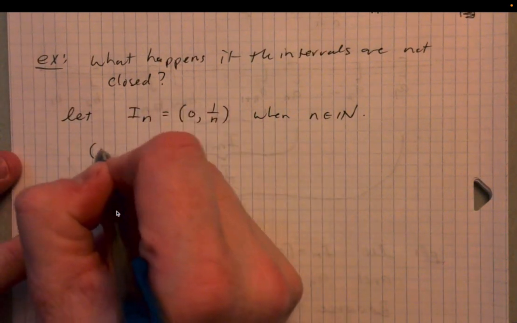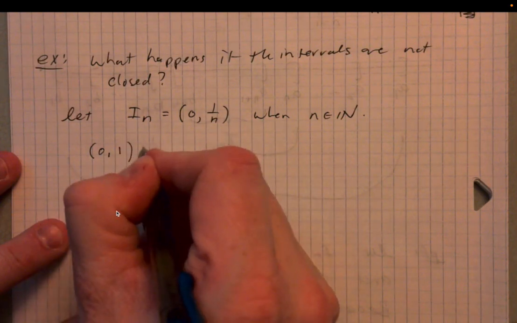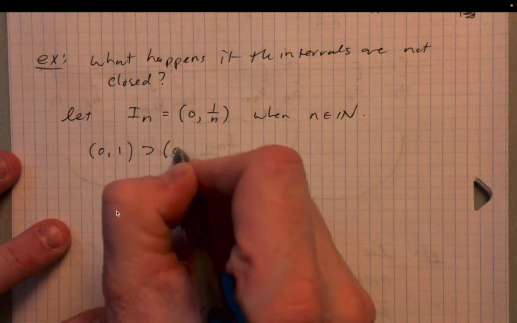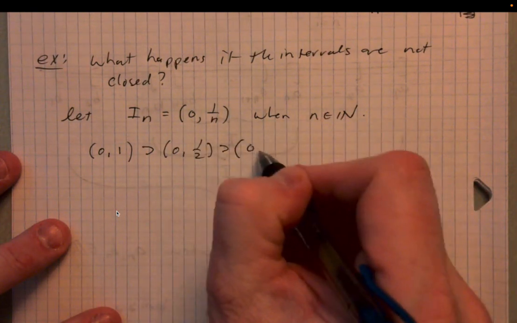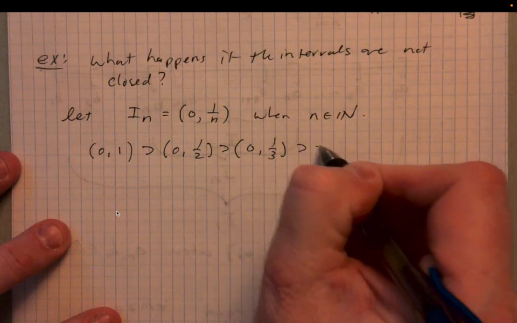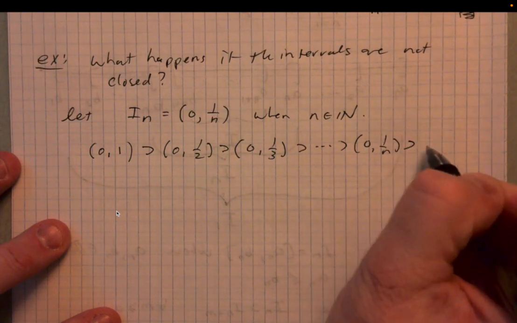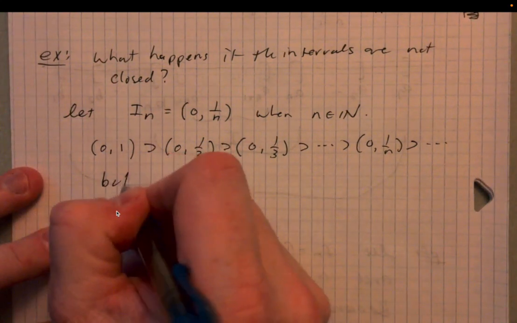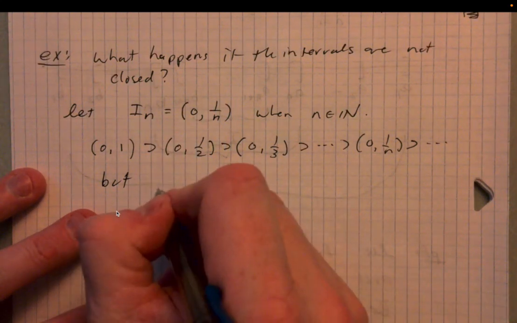The first interval will be 0 to 1 over 1, and that's going to contain the next interval, which would be 0 to 1/2, which will contain the next interval from 0 to 1/3, right? And so on. Right, and so they're all going to be nested in this way, right? But the intersection is actually empty.